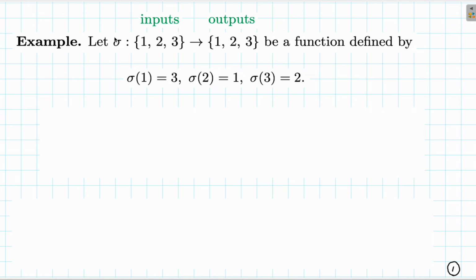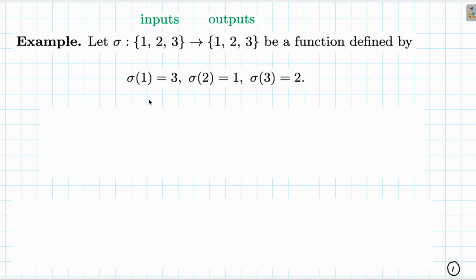This is function notation, and we'll talk more rigorously about function notation later in the course. But for now, just know that the name of the function is sigma, inputs are 1, 2, 3, and the possible outputs are also 1, 2, 3.